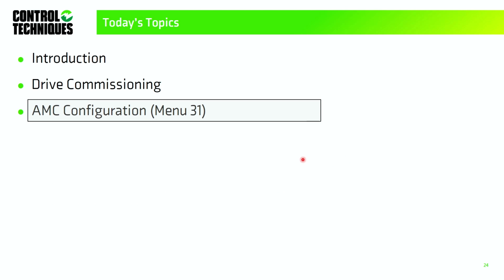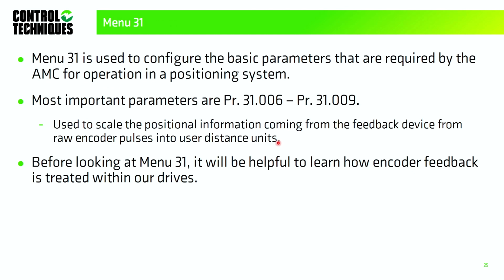So the next thing we're going to look at today is menu 31, which is the general setup of the AMC. So menu 31 is used to configure basic parameters, and most importantly, menu 31 parameter 6 through parameter 9.